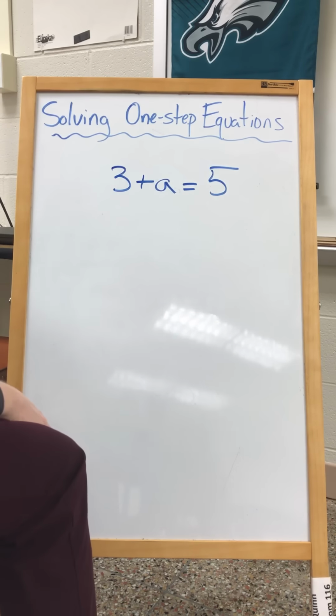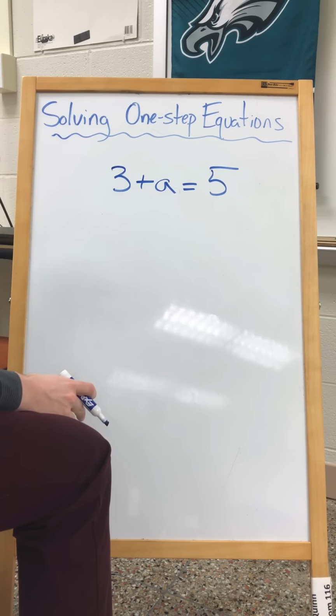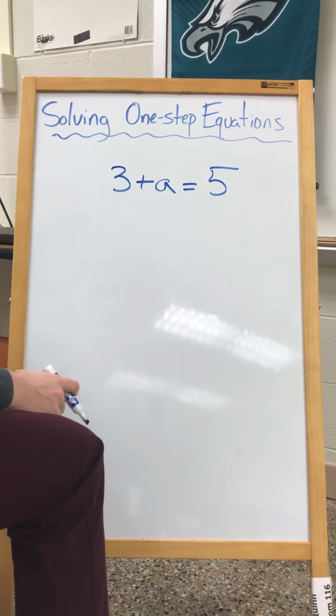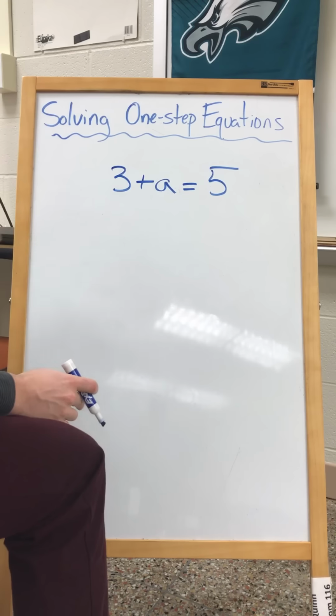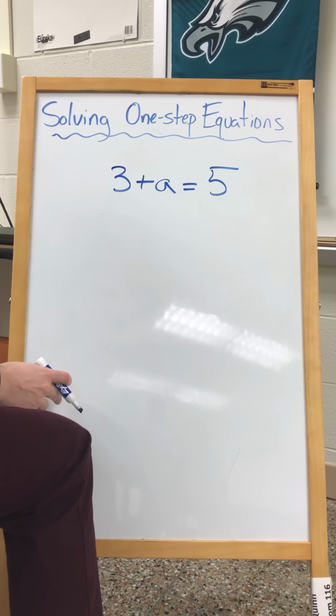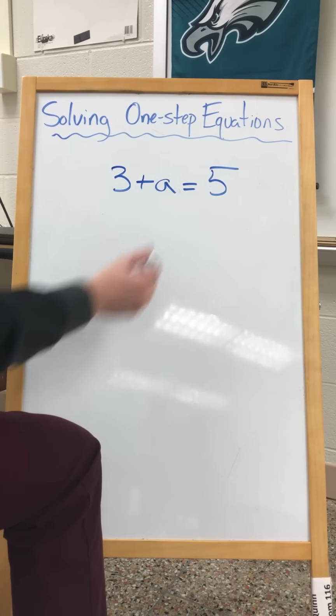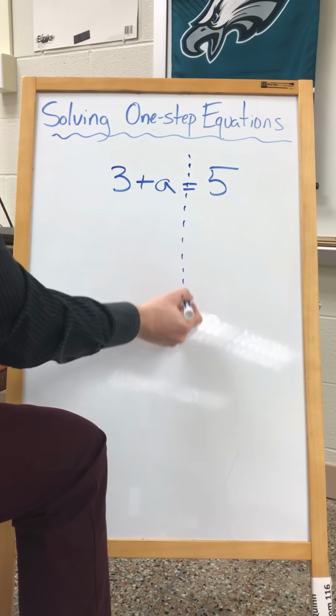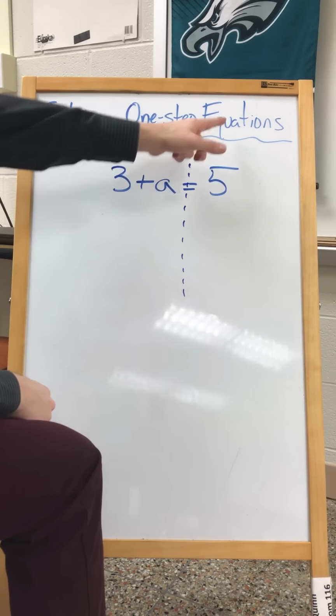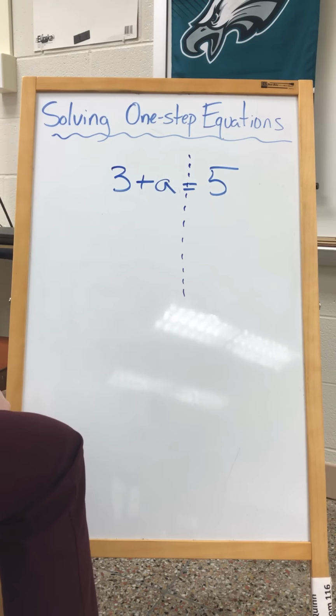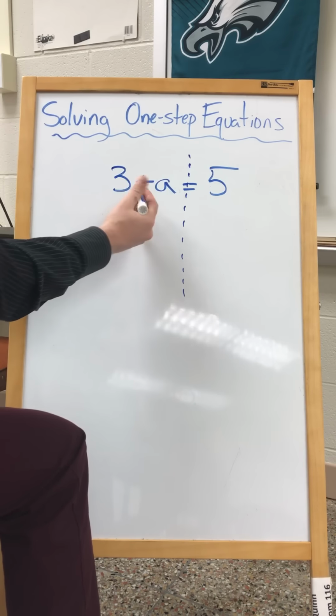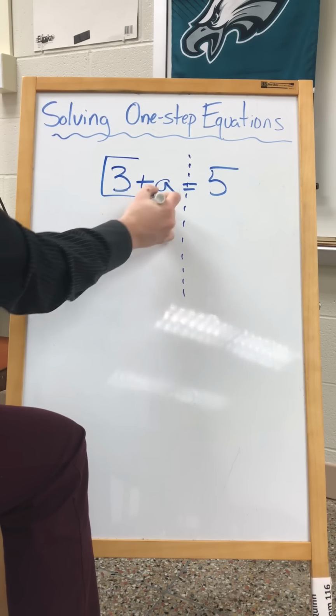Now, a lot of you might be saying, oh, I know this is equal to 2. Well, you're right, but there's a process that we're going to use to solve an equation that looks like this. We're going to do it by first dividing our equation in half by the equal sign, and then looking at what is happening over here.